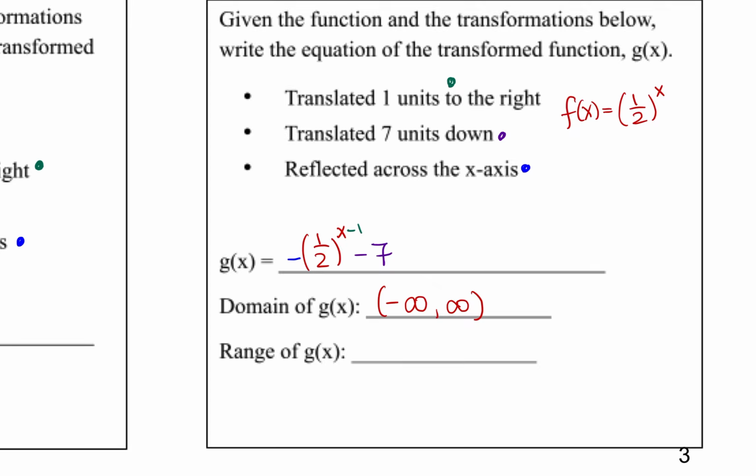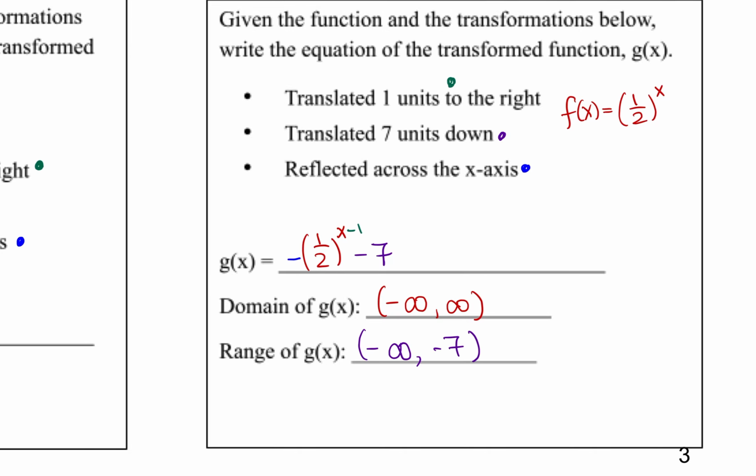And we have a horizontal asymptote at -7. Since it's going to be reflected, I will say that the graph is going to be from negative infinity to -7, not including -7.